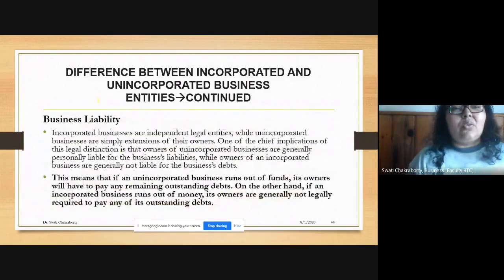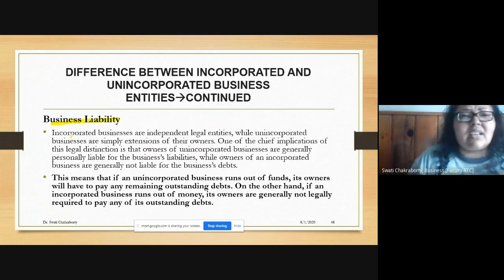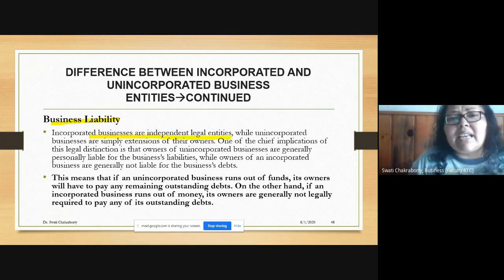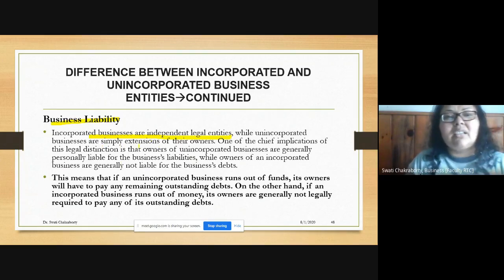When we discuss the differences, let's take up the various criteria on which they are based. First, business liability: corporations have independent legal entities, which is not so for unincorporated businesses. They run under the name of their owners, so it's an extension of the owners.